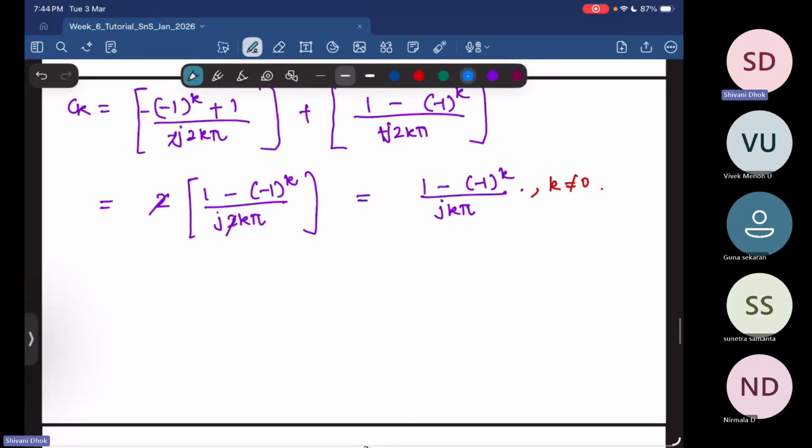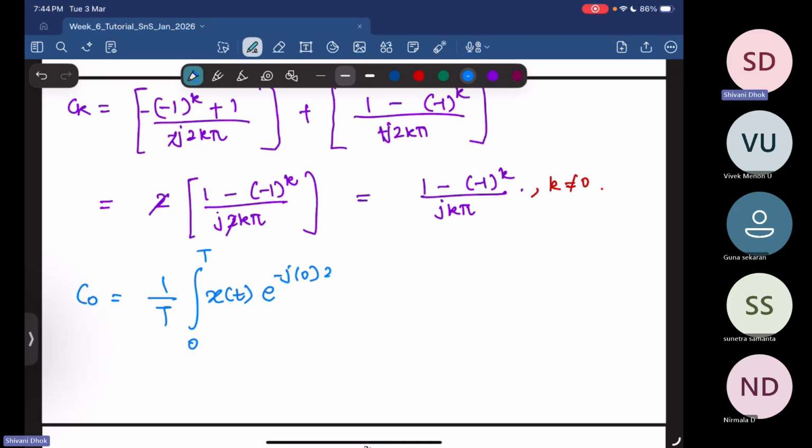We have c of 0 is equal to 1 by T integral from 0 to T of x of t into e power minus j 0 omega, that is 2 pi by capital T into t, dt. Now this is equal to 1. So what we are left with is 1 by T integral from 0 to capital T of x of t.